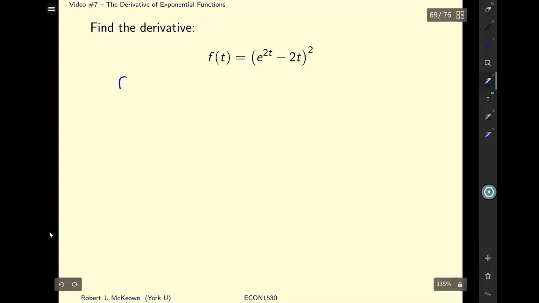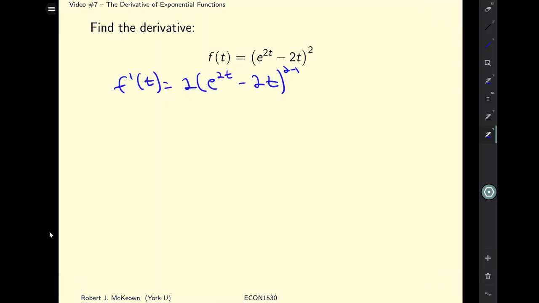All right, so I want to find f prime of t, the first derivative. I'm going to start by taking the derivative of the outside. Oops. Try rewriting that. e^(2t) minus 2t. And then we're just left with a 2 minus 1 out there, so there's going to be a 1.